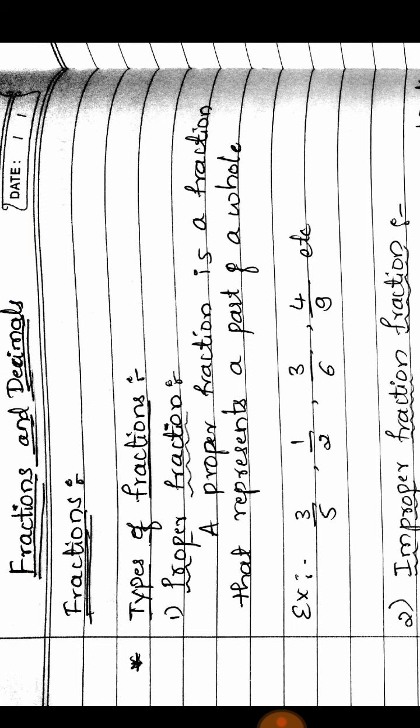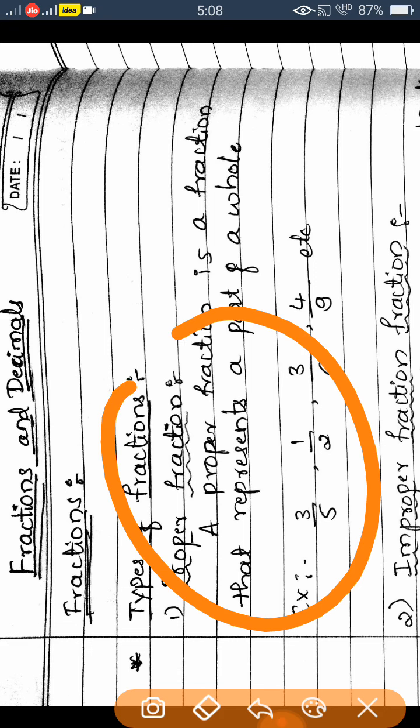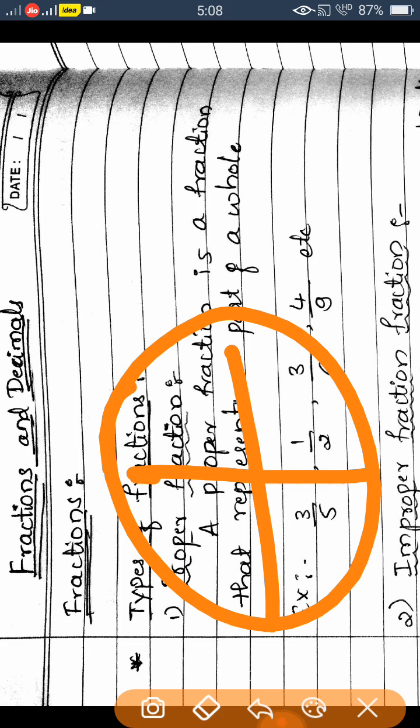For example, if you take one apple, I make four parts in this. Only one part I have chosen. How can I write it mathematically? I can take it as one piece. If you say in how many pieces, if you have taken one piece, that question arises.